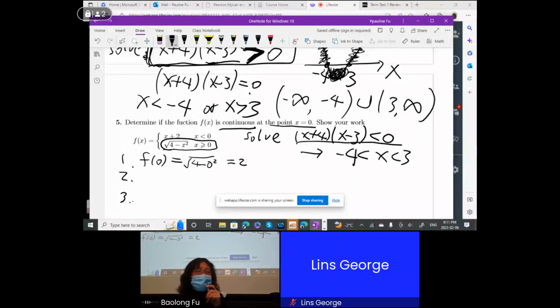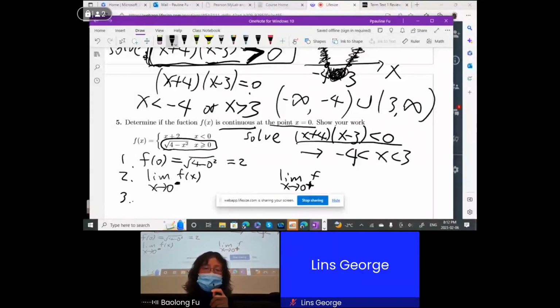Okay. And second, you need to find the limit of f(x) at 0, because this original function has 2 parts. One is smaller than 0, the other is greater than or equal to 0. So you need to find the limit as x goes to 0 from the left side, and as x goes to 0 from the right hand side.